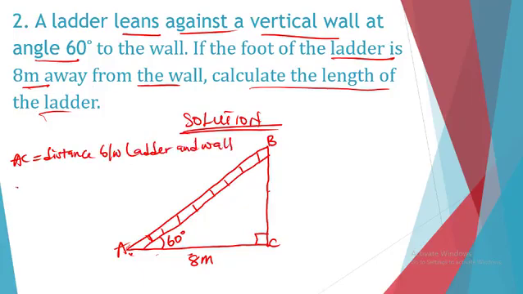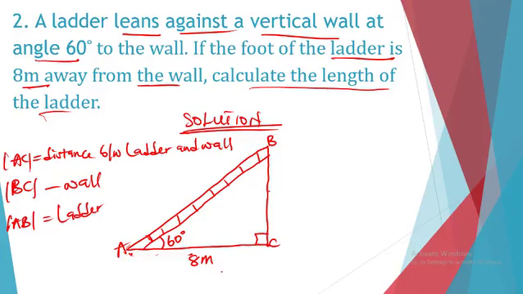Then line BC is the wall. Okay, line AB is the ladder. Do we understand now?